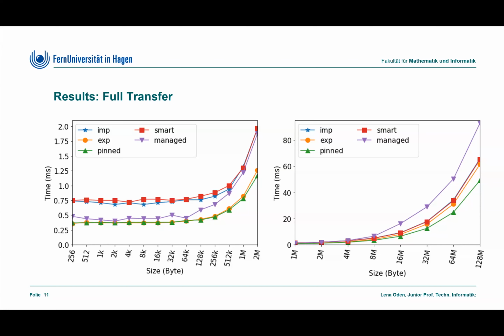For larger arrays, if you have to transfer more data but also do some more computation, this changes a little bit. Of course, explicit data transfer is still better, but now managed memory gets much worse than smart copies, explicit copies, and implicit copies. Implicit copies in this case are doing the best case because you always copy all data.